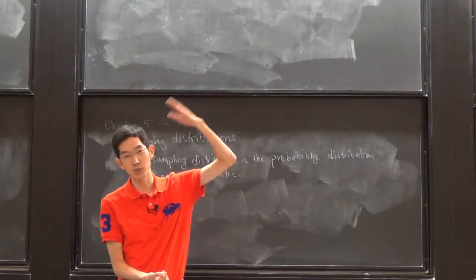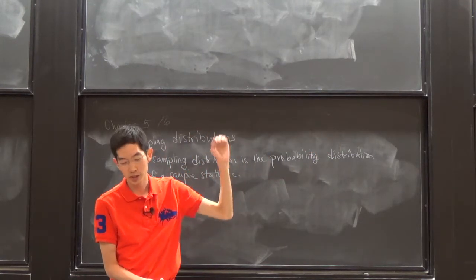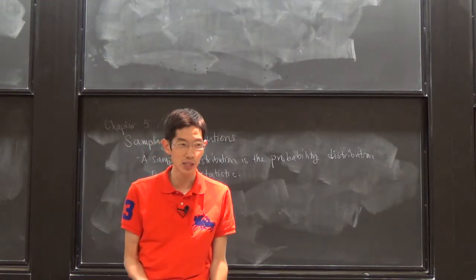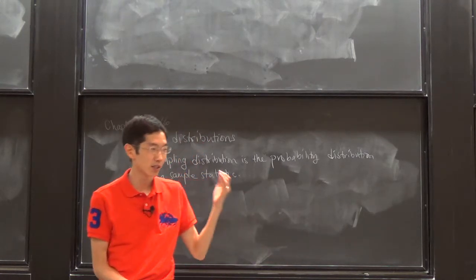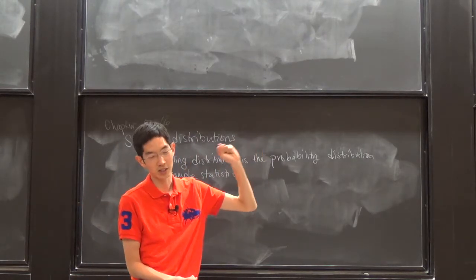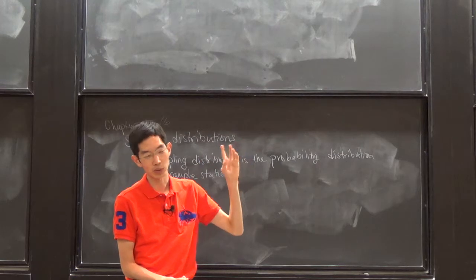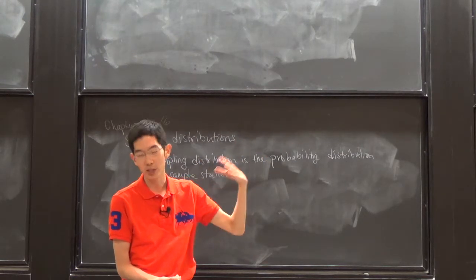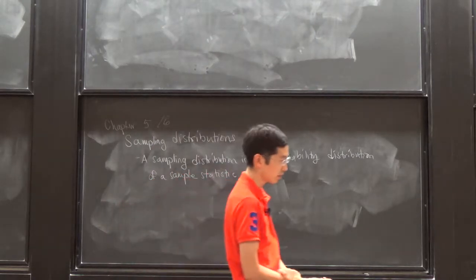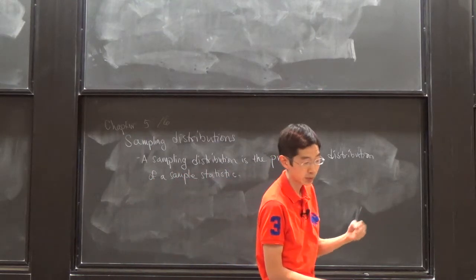That was the example of what kind of winnings you would get from playing Monopoly at McDonald's. We said Y could take on the value of 0 with probability 0.7, and it can take on the value of winning something worth $1 with probability 0.3 or something like that. And we learned how to calculate the mean and standard deviation of a random variable.